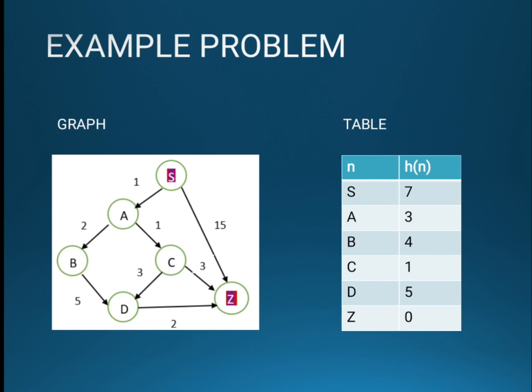As I already told you, it's an informed search, so every node is assigned a heuristic value. The heuristic value of S is 7, A is 3, B is 4, C is 1, D is 5, and Z is 0. Because Z is the goal node, its h of n value is 0.